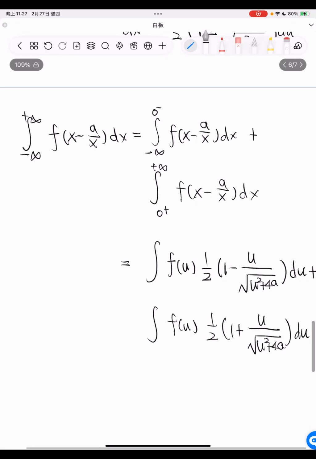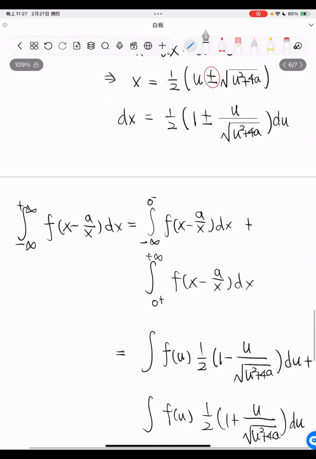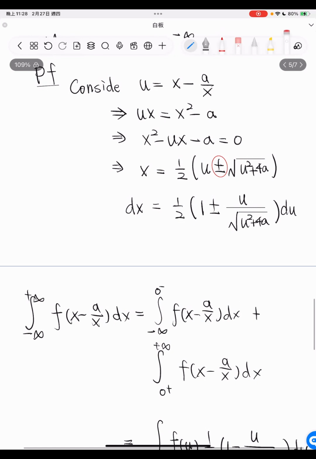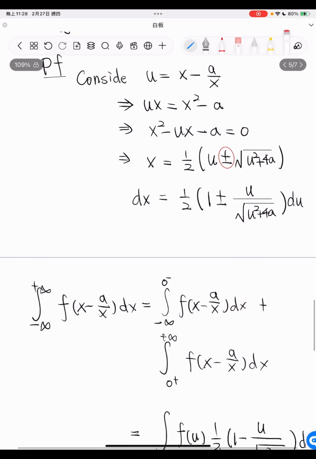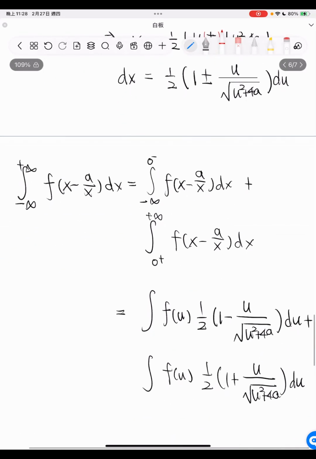And now we need to consider the boundary. So let's look at this identity. When x is equal to minus infinity, this term approaches 0, so u approaches minus infinity.